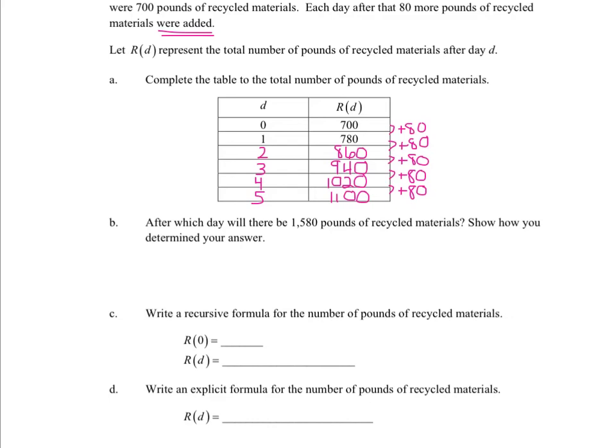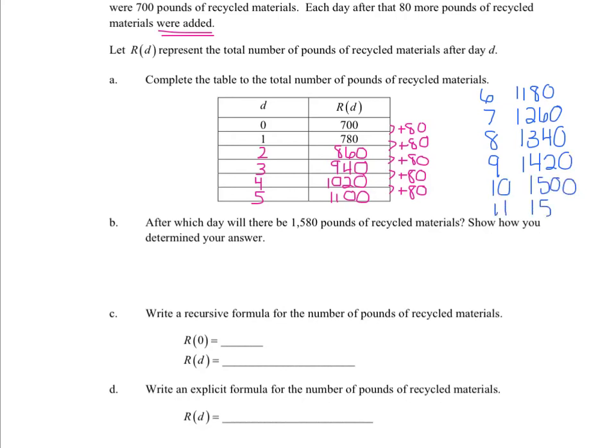I could continue the table, and we have 6, and that would be plus 80 is 1,180. 7 would be 1,260. 8 would be 1,340. 9 would be 1,420. 10 would be 1,500. So 11 would be 1,580. So we can see that we added by 80 and continued that pattern along, and that's one way of finding out the answer.